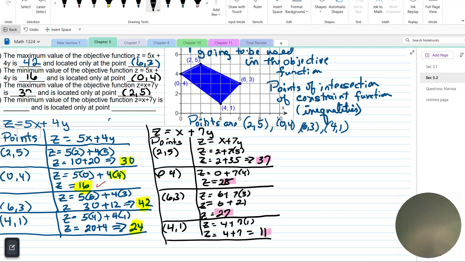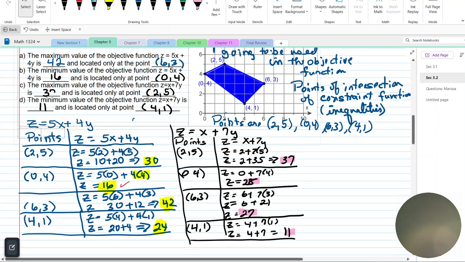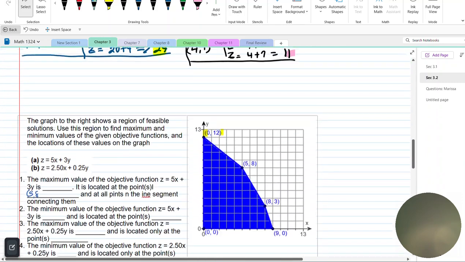The minimum for this function would be the 11 at 4 and 1. All right, now this was an exercise of what we're expected to know and do for this assignment. So let's continue on and see what we've got.